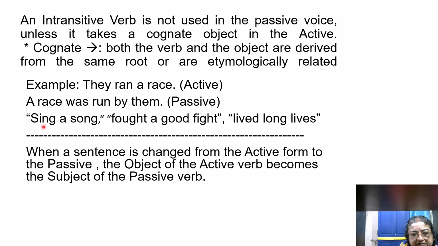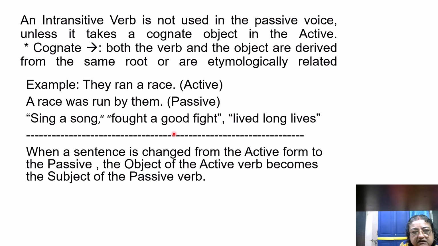Similarly, this type of words like sing a song, fought a good fight, lived a long life. We find this type of words related to each other with the same root. If you find this in a sentence, then though it is an intransitive verb, since it has a cognate object, you can change it into passive.